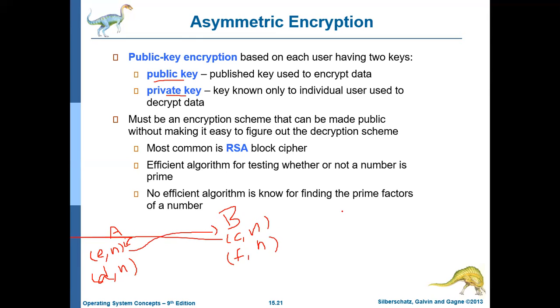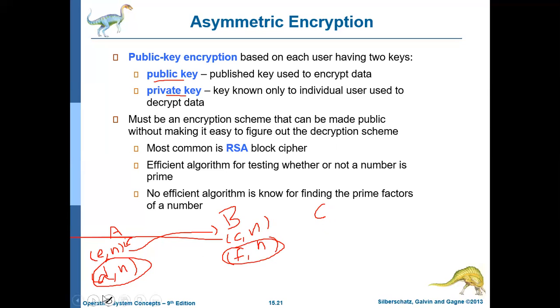If there is another user C, having some public key D comma N and some private key G comma N, then C's public key will also be known to everybody. So the public key is public. Everybody's public key is known to everybody, but nobody will know their private key. A's private key will be known only to A, B's private key only to B, and C's private key only to C.